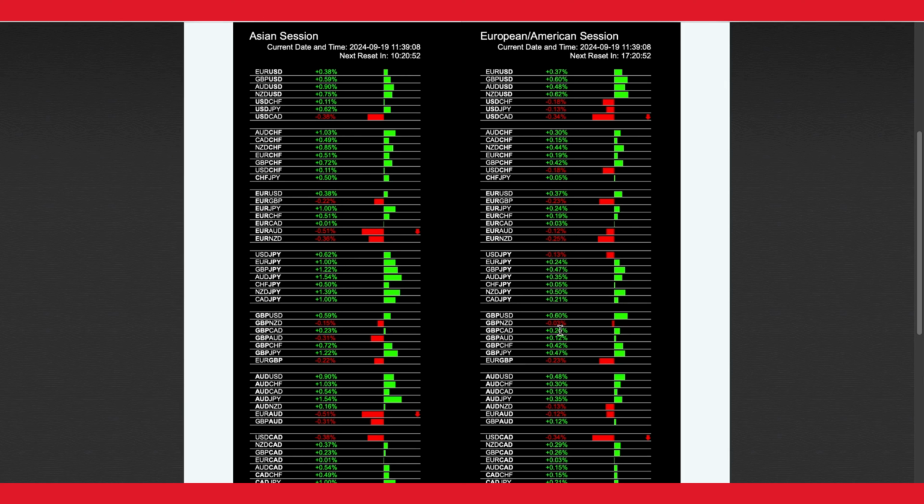So let's just pick out a pair. Let's just look at this top one here, euro dollar. We've got a percentage change of 37%. And this is clearly in some form of an uptrend. So green uptrend, red downtrend.